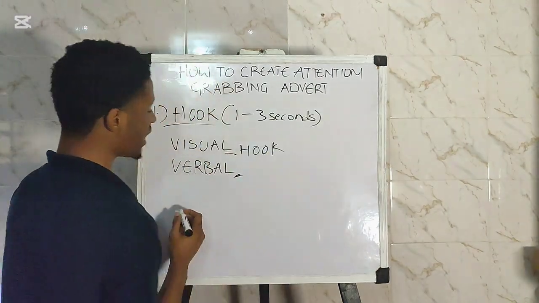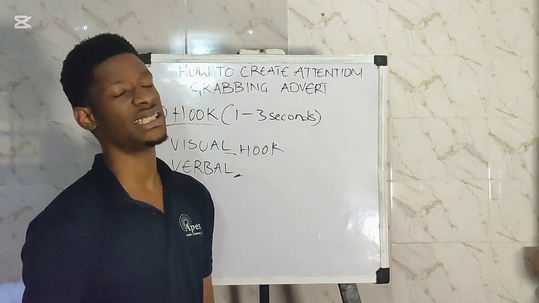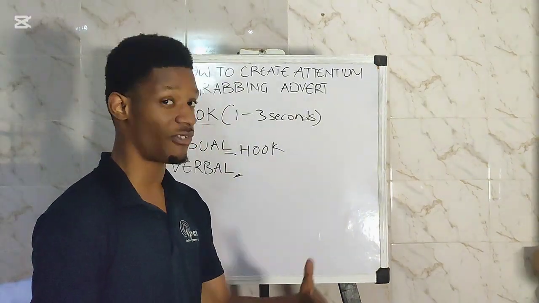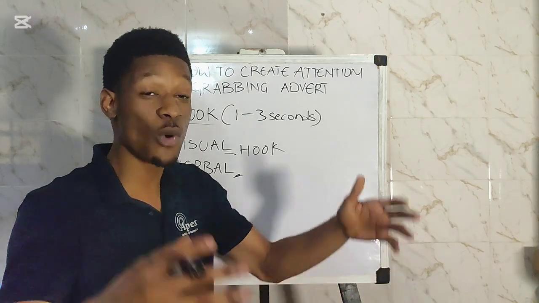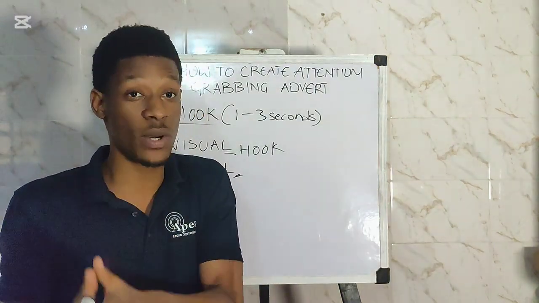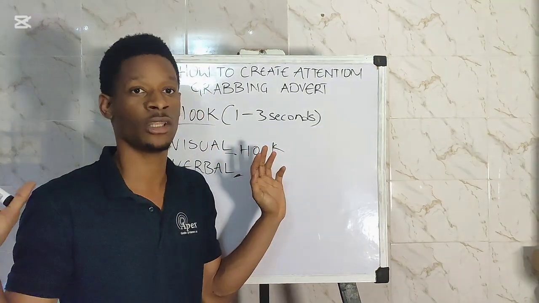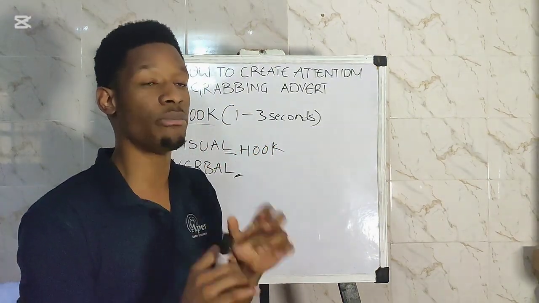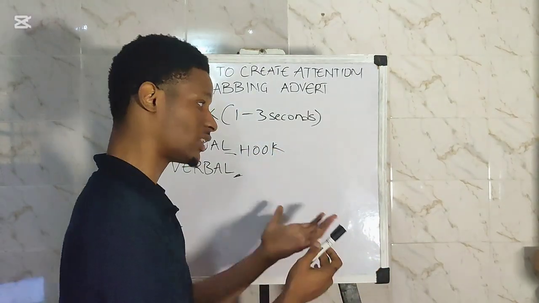Now, a verbal hook is basically what you say in your video to grab attention. For example, let's say you are advertising a product that helps fat people lose weight. Do you understand? You can start with something like this: if you are fat and you are trying to lose weight, this is the perfect solution that can help you lose weight in less than 30 days. Do you understand? That is a hook. Why? Because first of all, you verbally called out the audience that you want to watch that video.